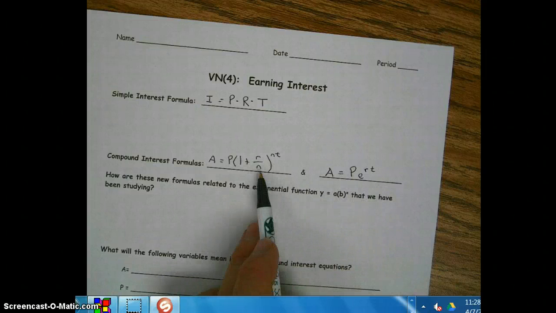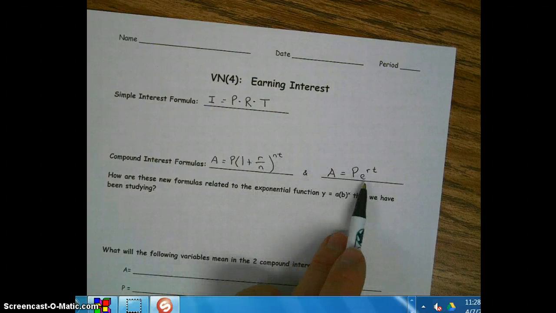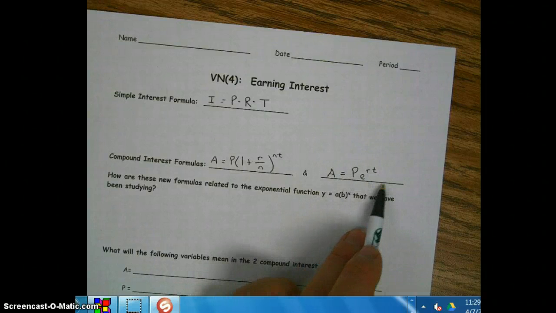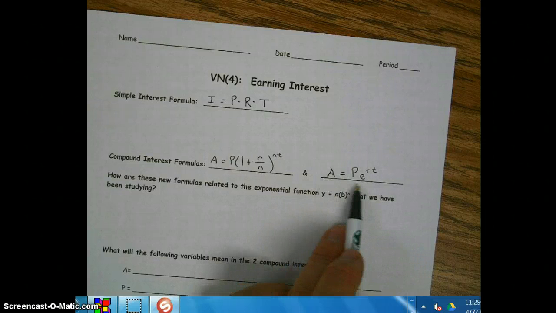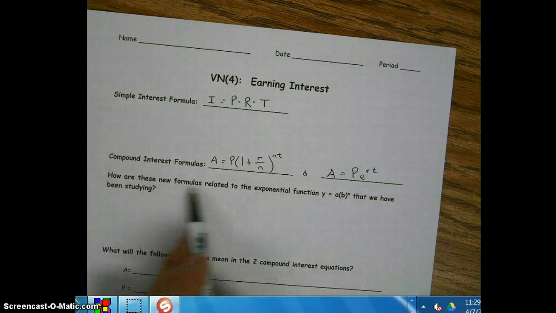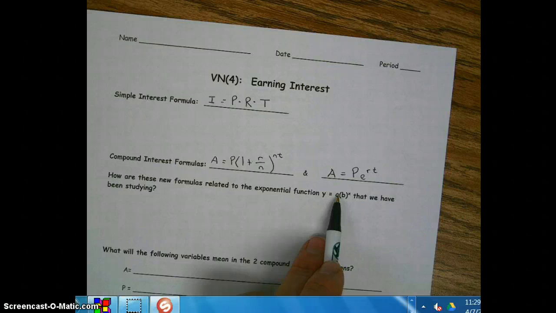So this one is compounded in a specific time period. And this one is continuous. So anytime you have the E, you know that this is compounded continuously.